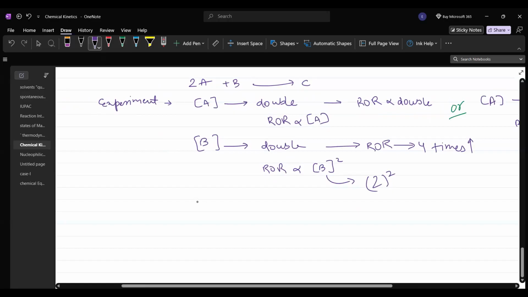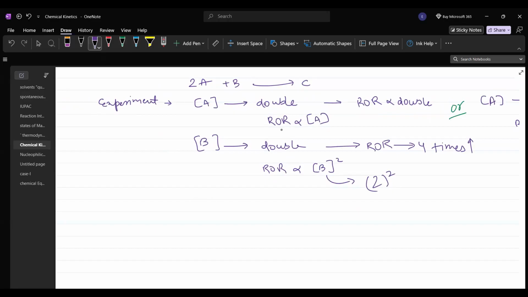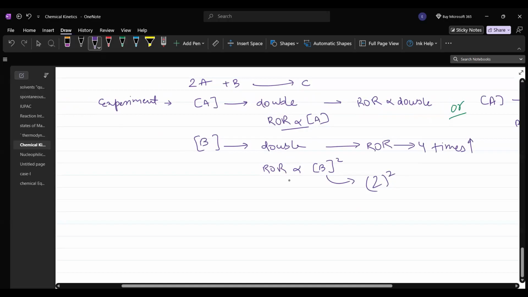So what we can say is, the first point, rate of reaction is proportional to A, and rate of reaction is proportional to B square. So finally, rate of reaction is proportional to the concentration of A and also proportional to the concentration of B square.